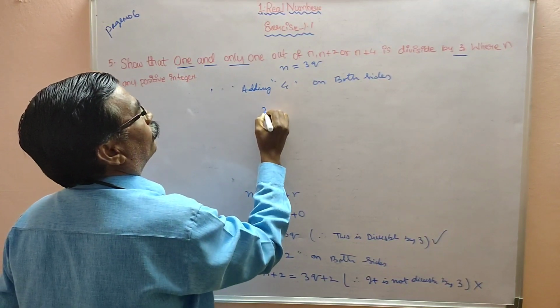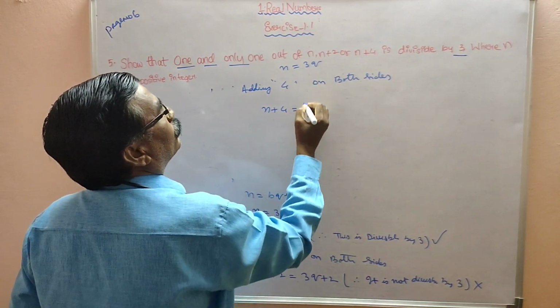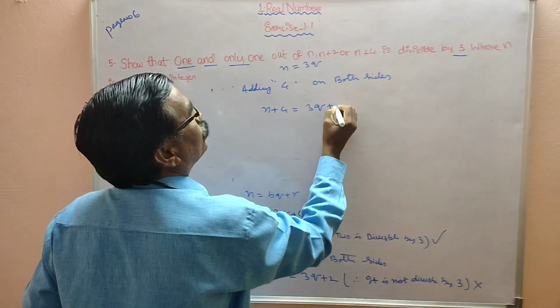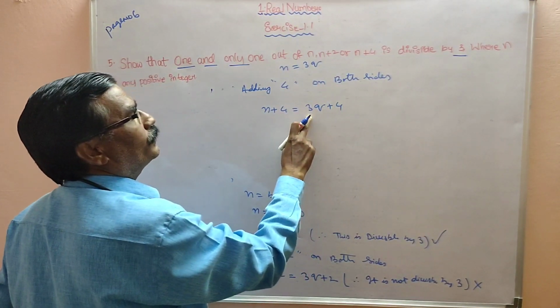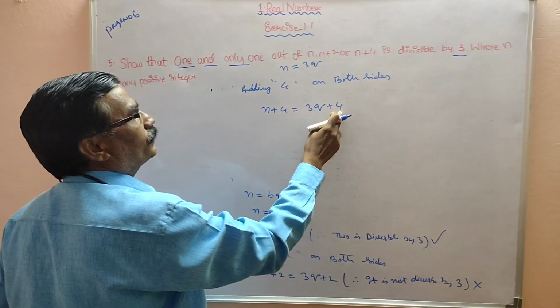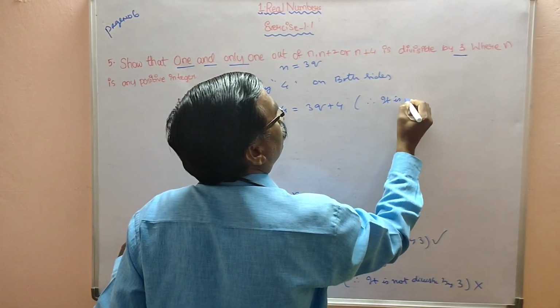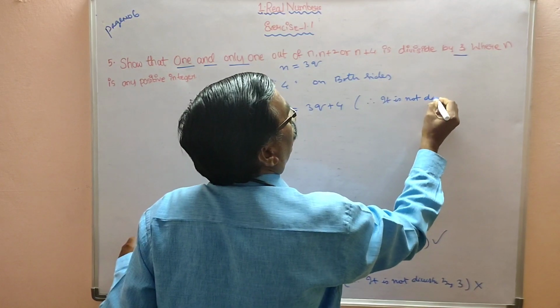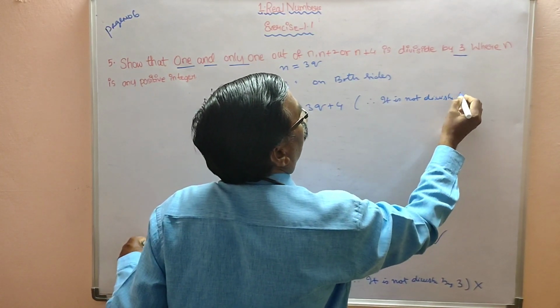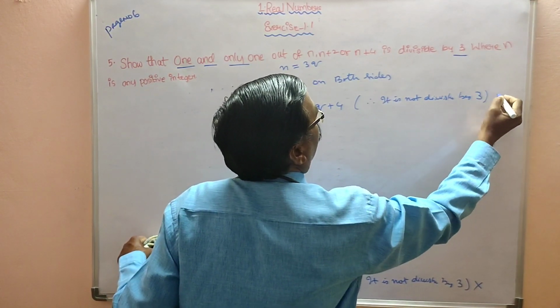What will come here? n plus 4 equal to 3q plus 4. This 3q is divisible by 3, but this 4 is not divisible by 3. Therefore it is not divisible by 3.